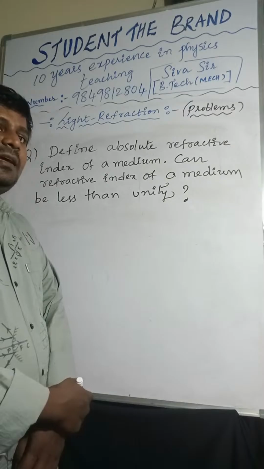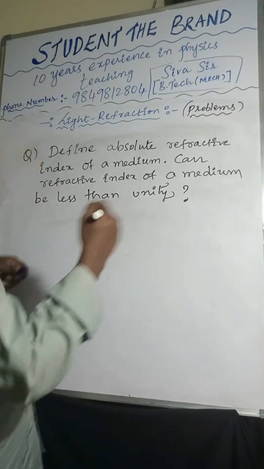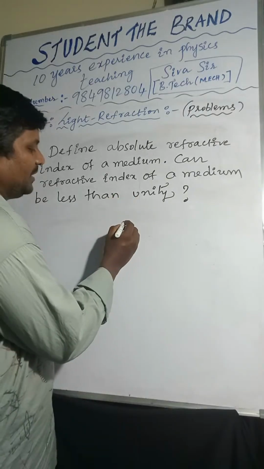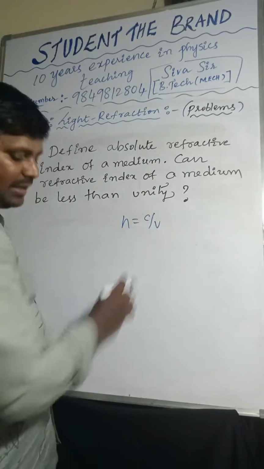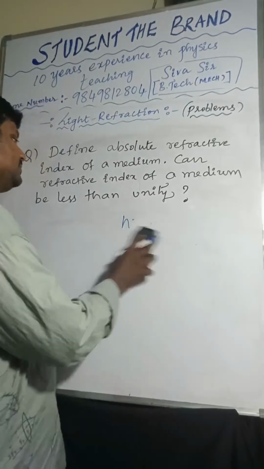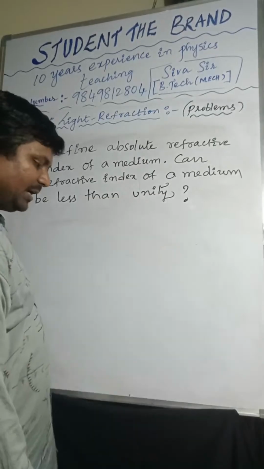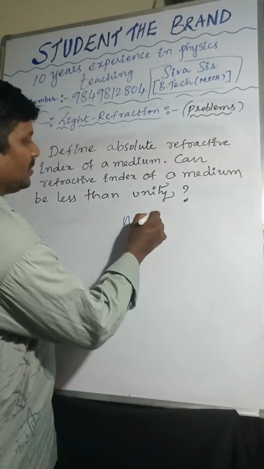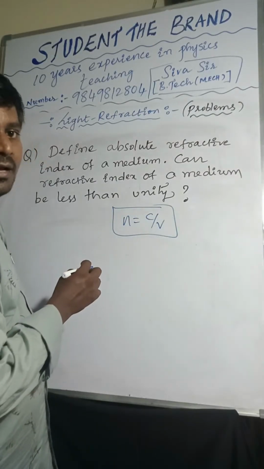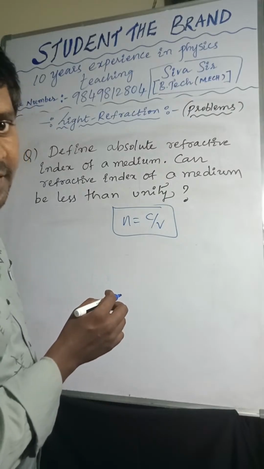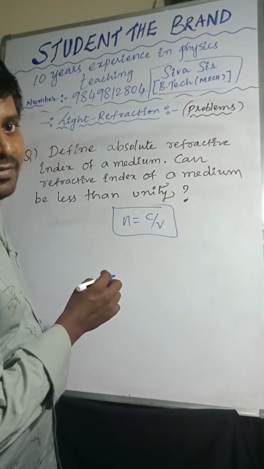Absolute refractive index n equals c by v, the speed of light in air or vacuum divided by the speed of light in that medium.